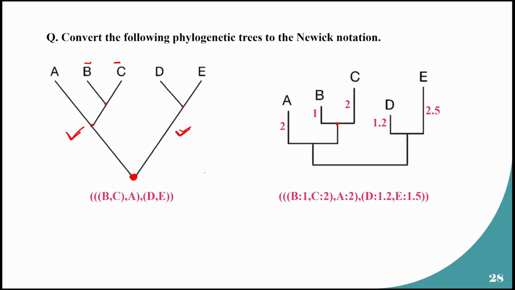So what is this kind of phylogenetic tree called, where you have a common point indicating the origin for all of the sequences that are given? Rooted. Yes, yes. So that is called a rooted tree.